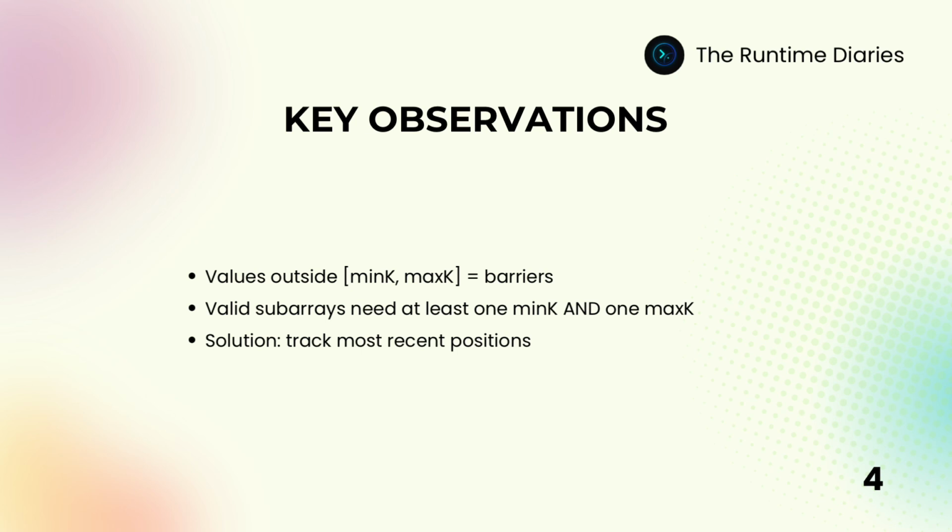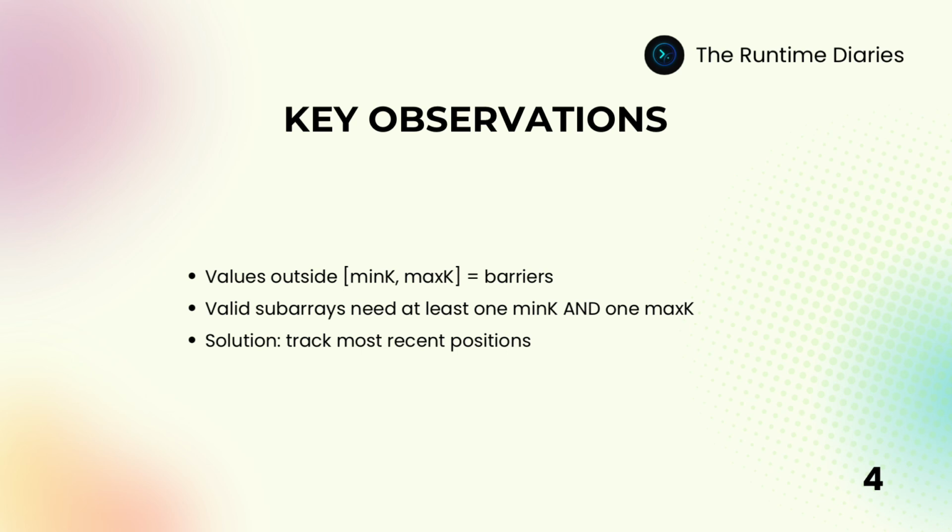Second, a valid subarray must contain at least one occurrence of minK and at least one occurrence of maxK. If either is missing, the subarray doesn't meet the requirements. Third, instead of rechecking everything from scratch at every position, we can just track the most recent positions where something important happened.